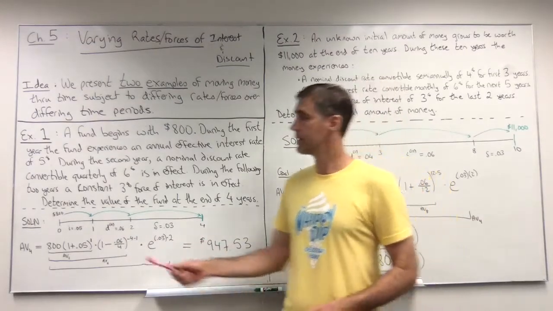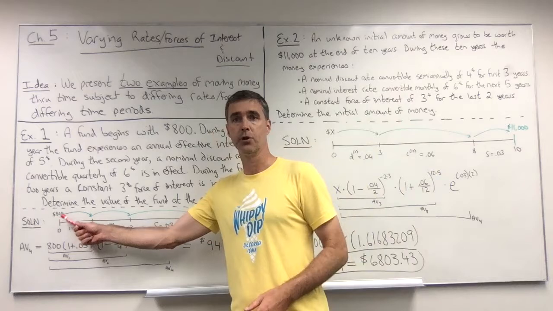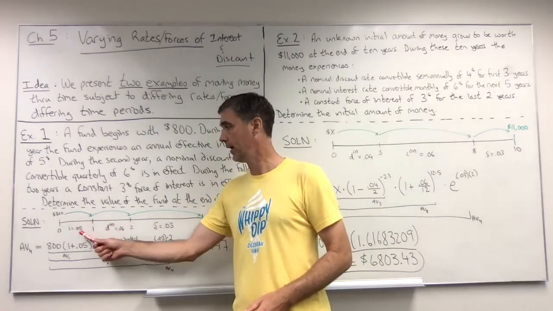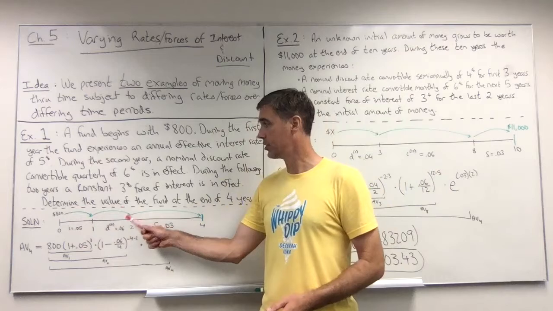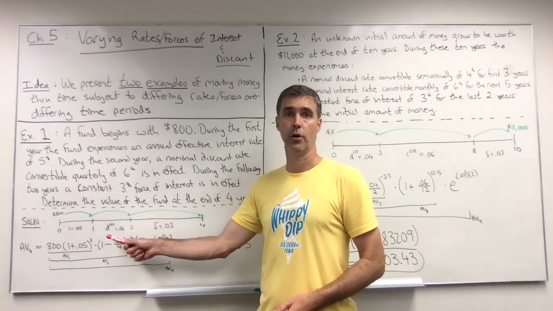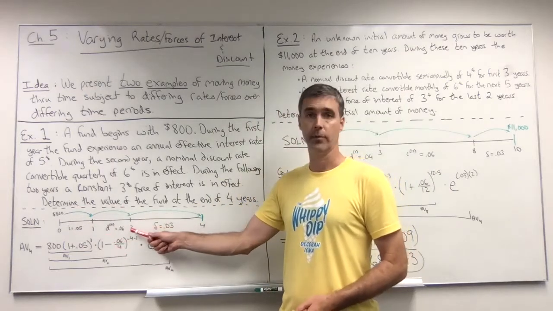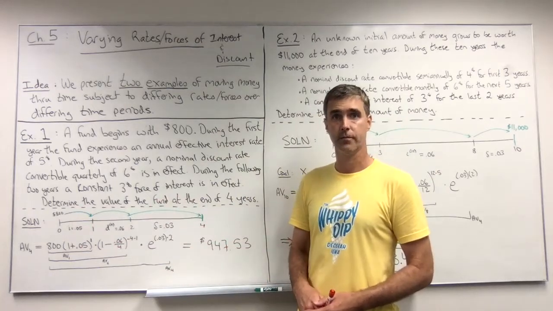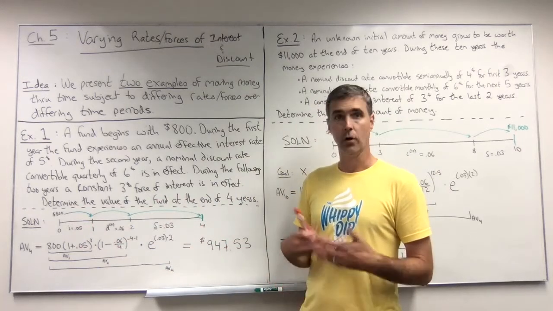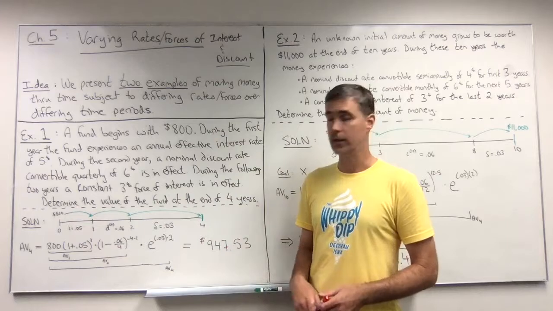And the idea is I'm simply going to take the money, $800, and push it forward 1 year with i, take that accumulated value and push it forward the next year with d superscript 4, and then take that accumulated value and push it forward the next 2 years with a constant force of interest, all right? So we know all the formulas to do each one of these pieces.